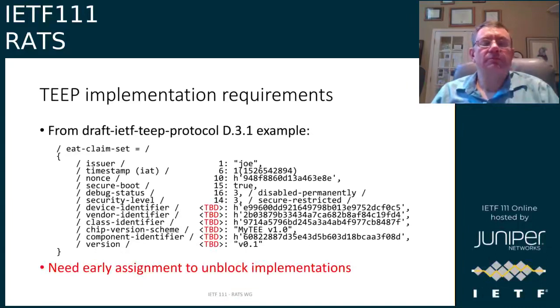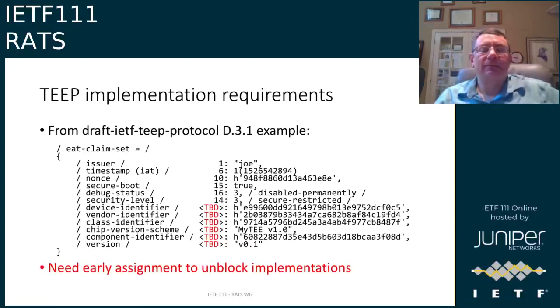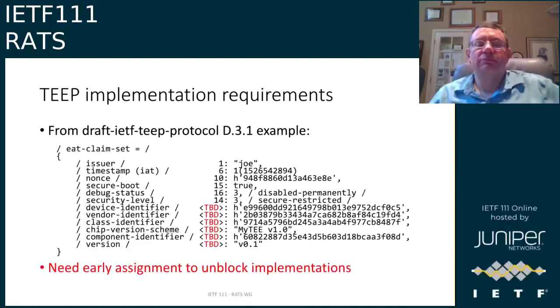Just on early assignment, we've done early assignment once. I'm not sure for EAT how many times you can do it. But it also seems not that bad to assign temporary identifiers out of the more open space, and then you have to have a transition.